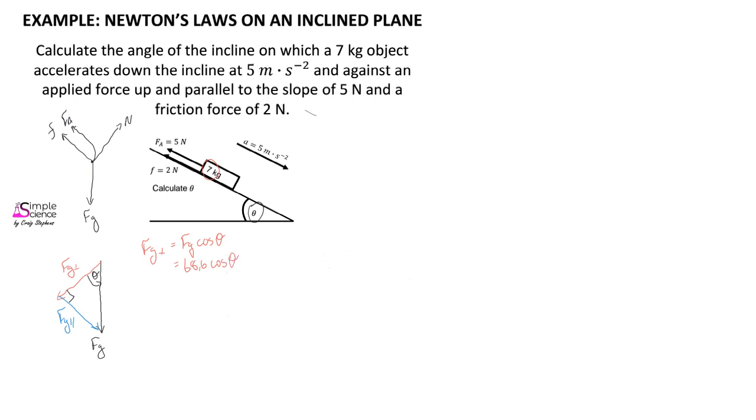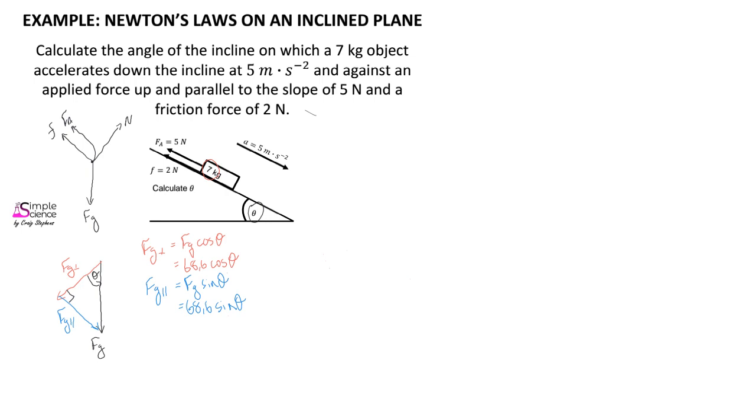We can then also calculate the parallel component of gravity, that being Fg sine theta, because it is the opposite side of this triangle, where Fg is once again 68.6 and sine of the unknown angle theta. Normally we would have the angle of the slope and we'd be able to resolve that into a force. In this case, we can't do that, so we leave those expressions as they are for now.